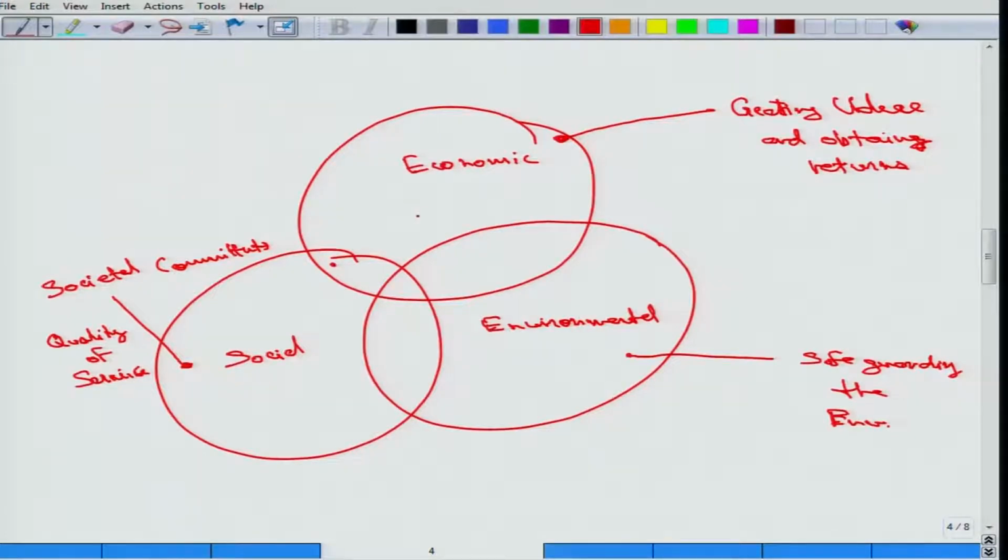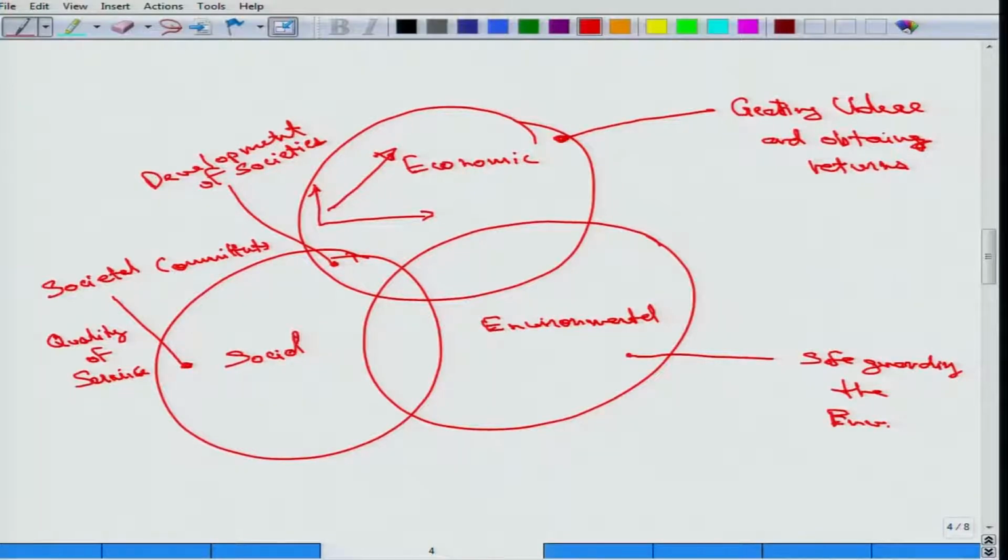So, when economic and social combine, they are committed towards development of the societies in which we live, taking into consideration the profit levels of the companies that are providing products to the society, and those who are creating the facilities for the society like infrastructure and other things.